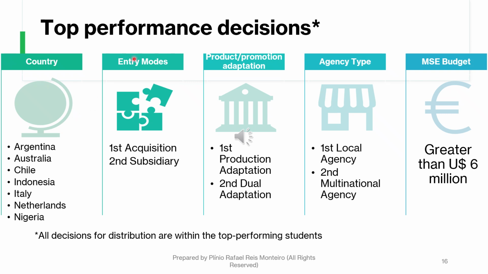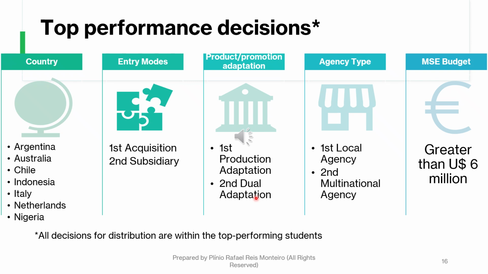Now let's check what were the top performing decisions. Remember, here we're presenting the decisions separately, but what really matters is when you make a conjoint decision and you form all the decisions in a specific combination. So looking separately, we can check that the countries that performed the highest score were Argentina, Australia, Chile, Indonesia, Italy, Netherlands, and Nigeria.